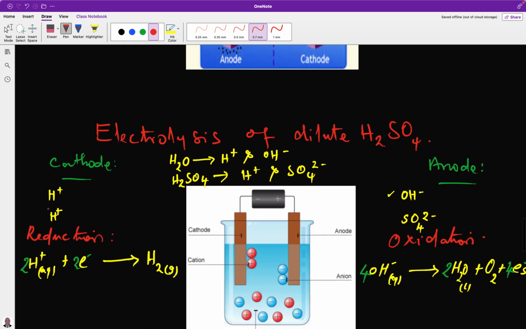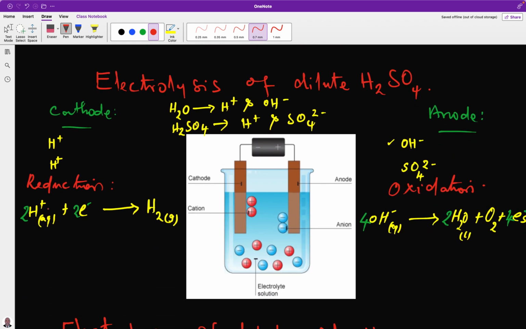Then we went further to electrolysis of dilute sulfuric acid, and I said when it is dilute or aqueous, water has two ions, the hydrogen ion and the OH ion, and the sulfuric acid itself has hydrogen ion and the sulfate. Then at the anode we have two ions, the hydroxide ion and the sulfate ion.